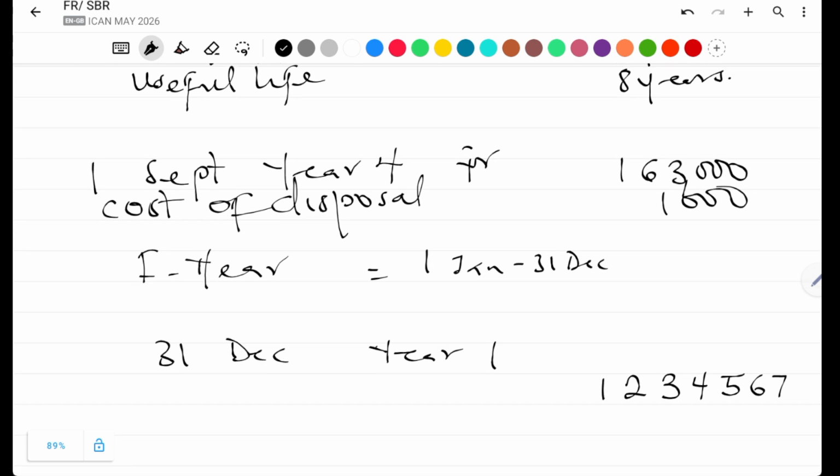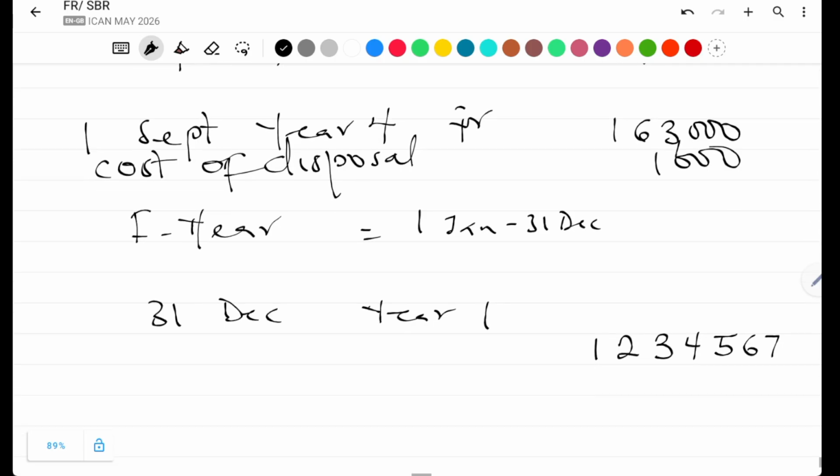So we need to depreciate the asset for those 7 months, so that you can have the carrying amount of the asset. How do we calculate that? Since we have 7 months, let's first determine the depreciation of this asset.